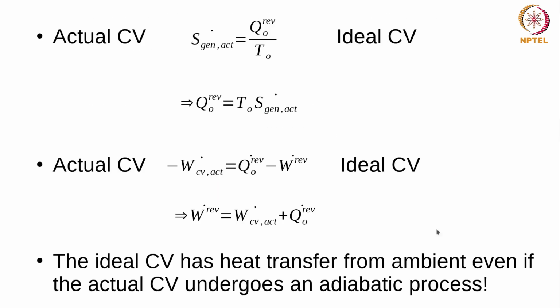So there would be heat transfer from the ambient even if the actual control volume undergoes an adiabatic process, as long as the actual control volume was irreversible. The only case where both will be adiabatic is when both of them are reversible. In that case, the ideal and the actual have the same process, and you can have an isentropic process in both.